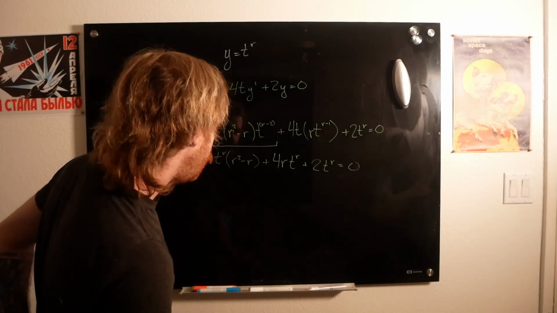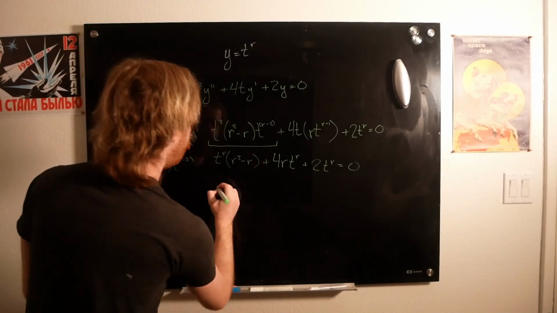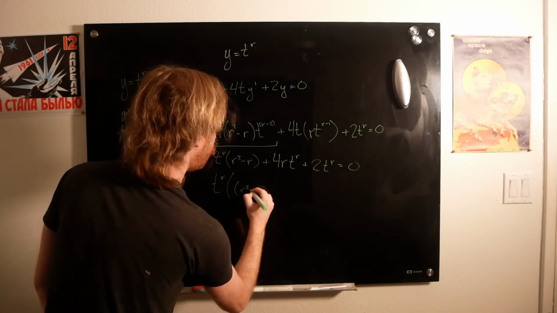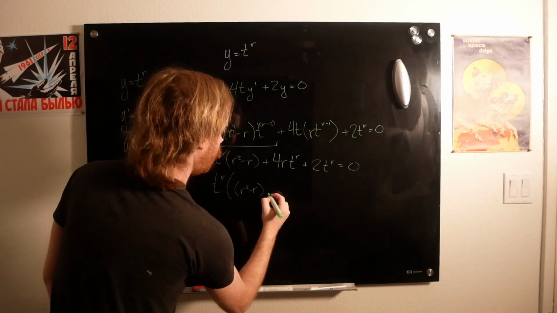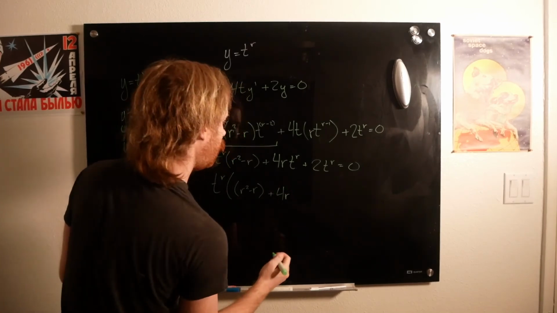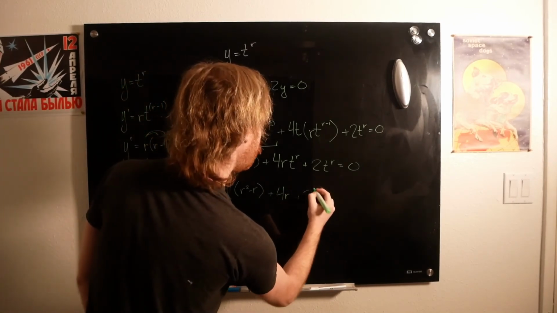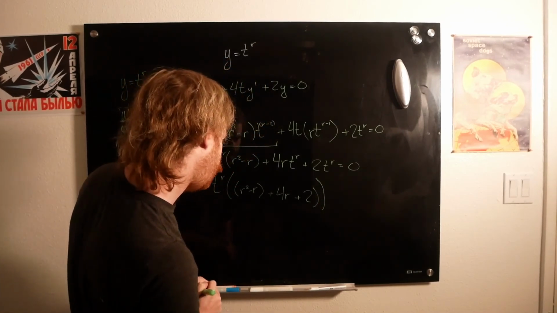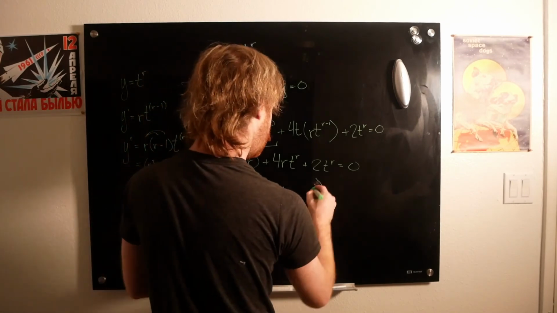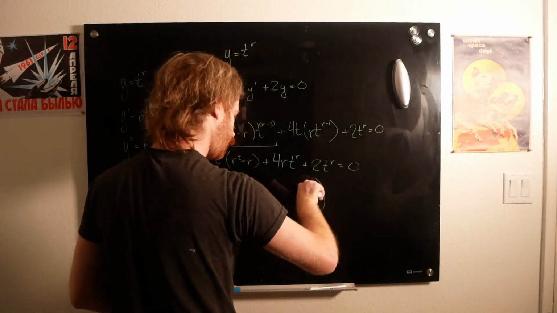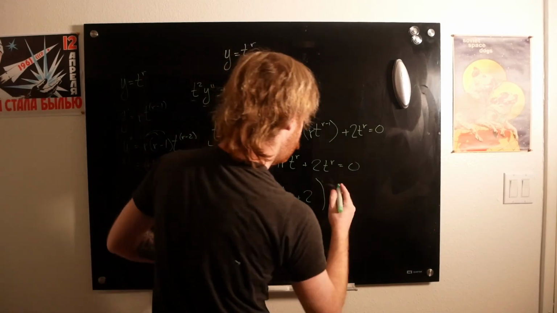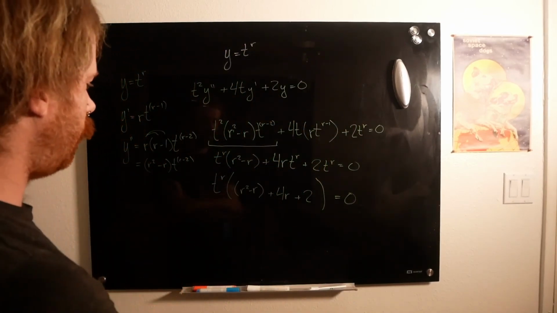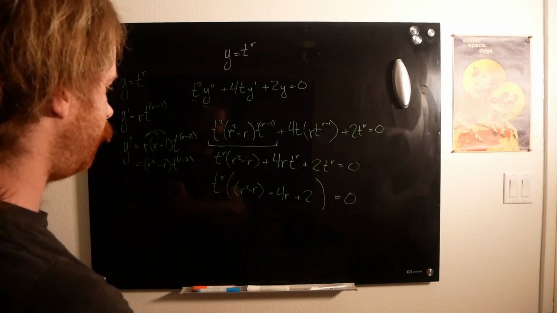We do not have an r in common, so let's pull out a t to the r first to see if we can get it into a familiar form. r squared minus r plus 4r plus 2 equals 0. So now we can solve this for r.